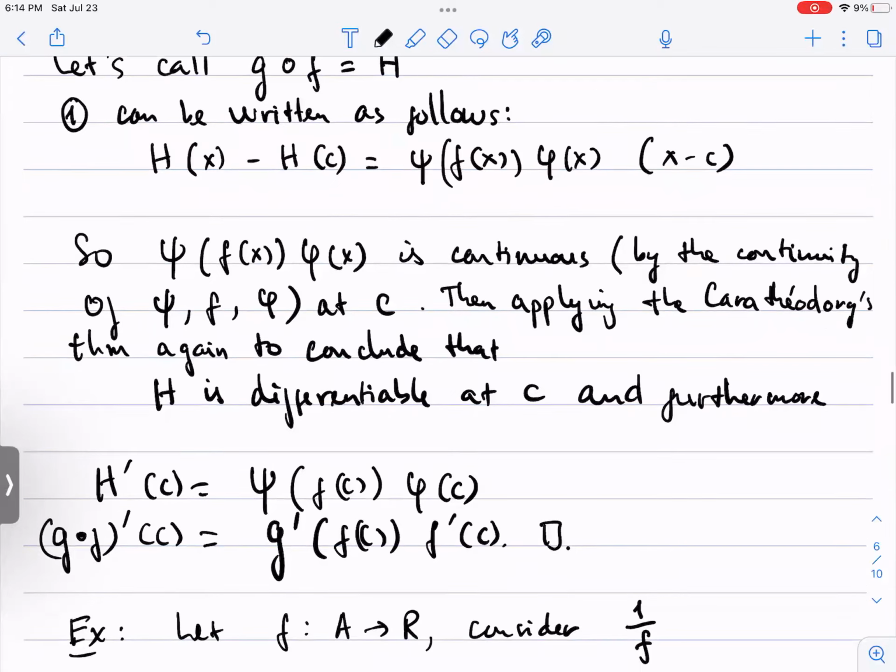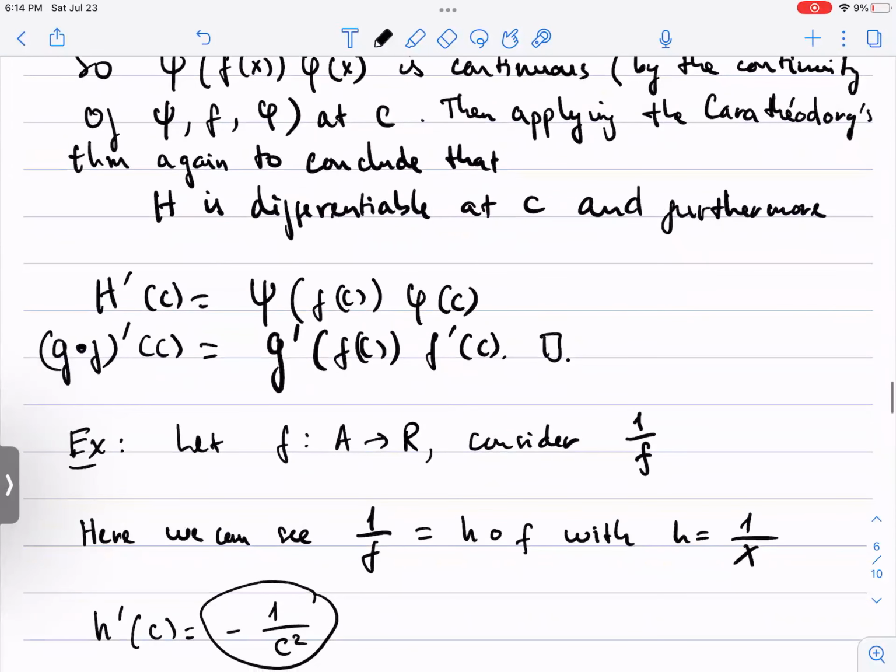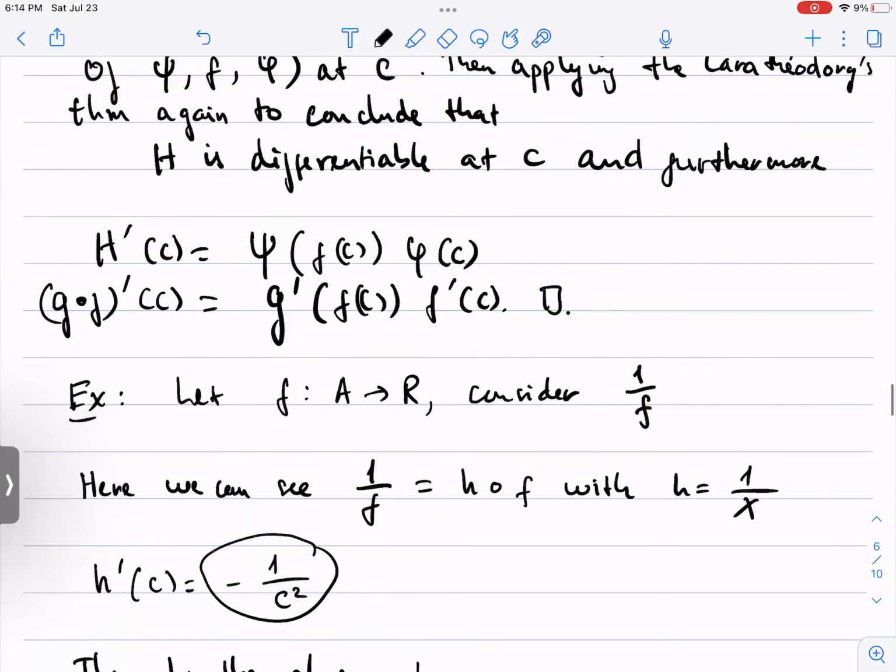And as a consequence, we show that the derivative of the composition function is computed using the product rule, using the functions phi and psi accordingly, leading to the answer.